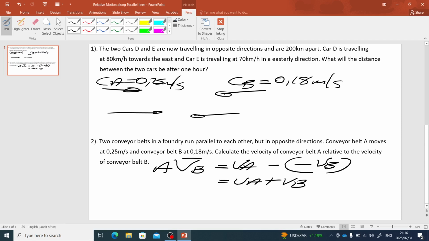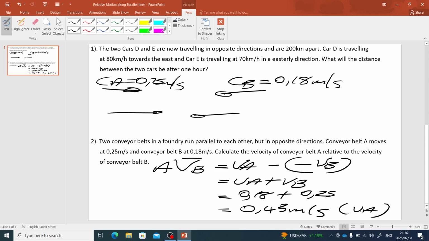Then it would be VA plus VB, equals 0.25 plus 0.18. When you add the two, you get 0.43 meters per second in the direction of VA, the positive direction.